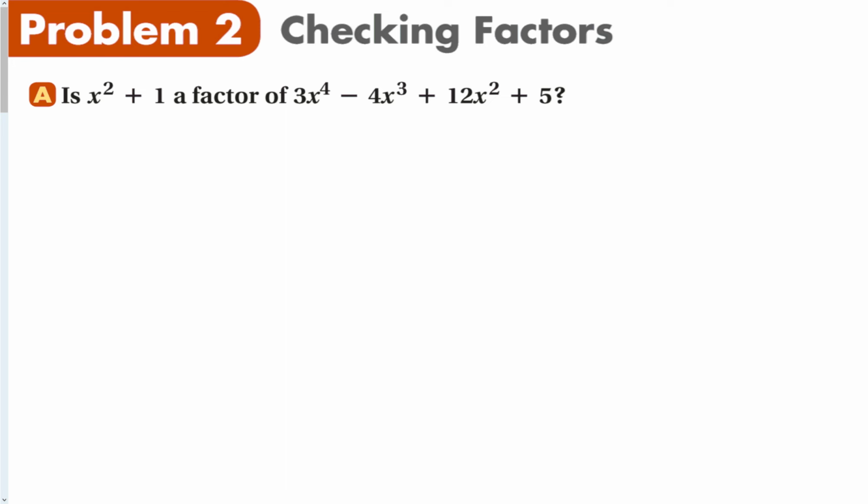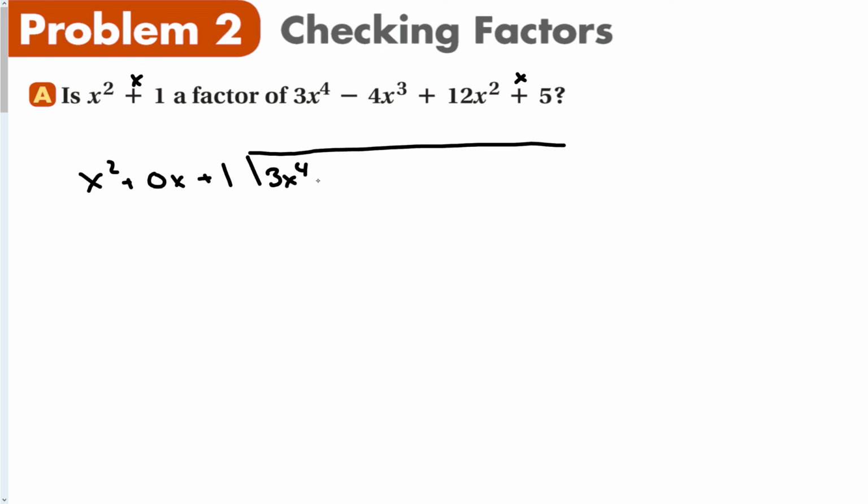Now, automatically, you should recognize that in standard form, this is missing an x term as well as this. Now, I don't just want to put another x into both of these because that would change the expression. What I do is put in 0 x's plus 1. And this becomes a placeholder. And it makes it so all the numbers line up correctly.